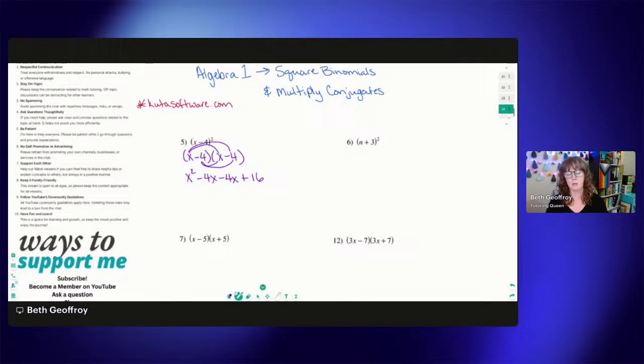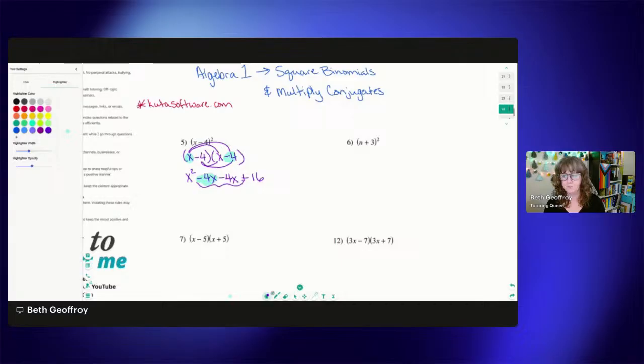So let's just pause for a second and notice the pattern here a little bit. These two middle terms are exactly the same. And that is going to happen every time when you are squaring binomials, because you're multiplying the same numbers times each other in both of these situations. So this came from multiplying x times negative 4. That's where this first one came from.